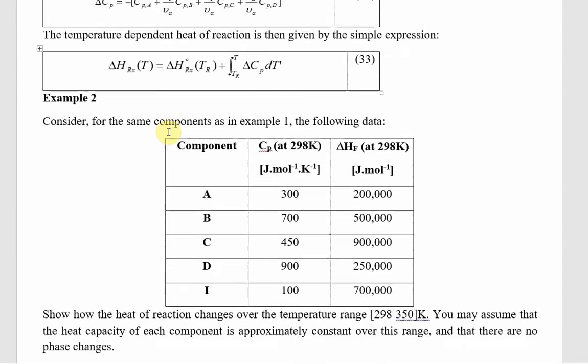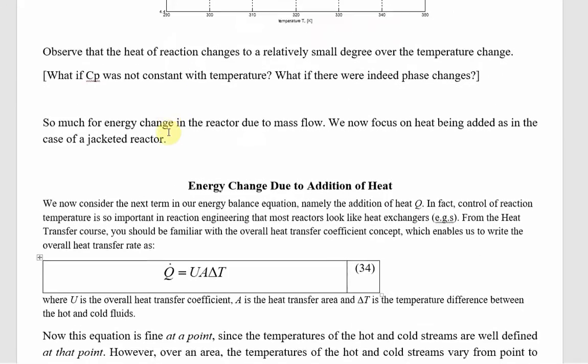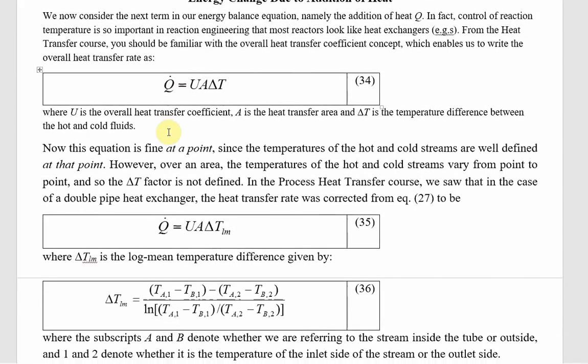So let's use that now in our reactor designs. We had also discussed this last time. We said that if we have heat being added, if we expanded on Q dot, because this is the heat being added due to temperature difference, Q dot generally can have that form.